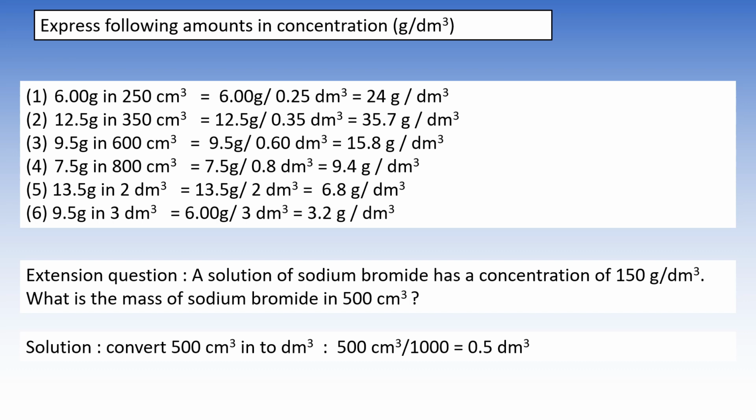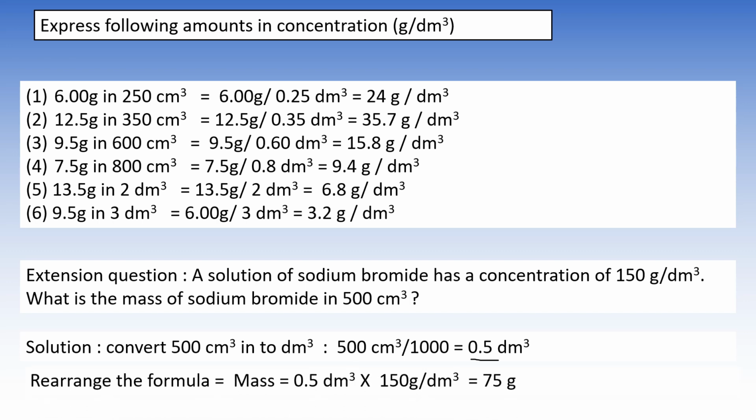Hence, the answer for step 1 is 0.5, followed by mass equals 0.5 times 150 grams per decimeter cube, which has already been provided in the question. So you end up with a mass of 75 grams.